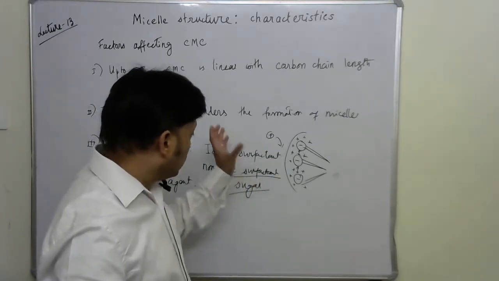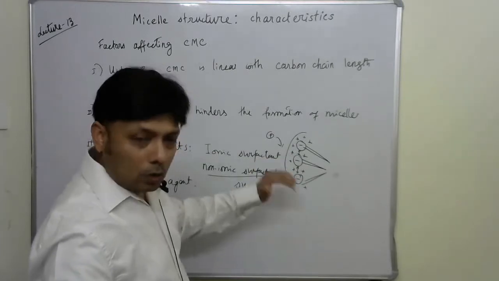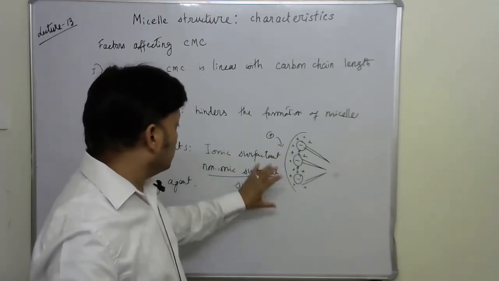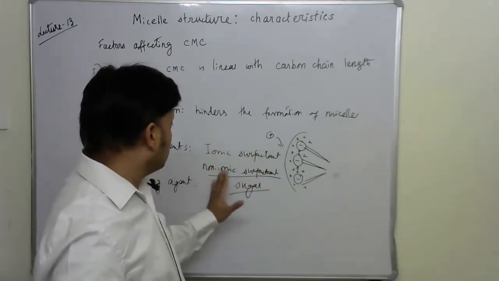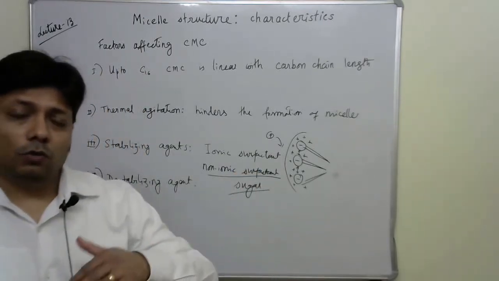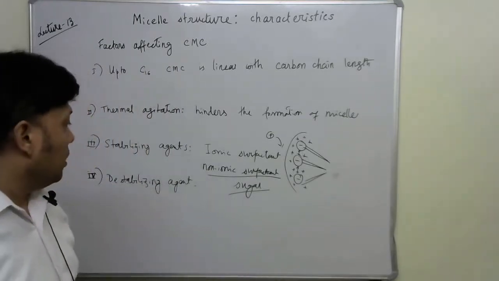So adding sugar molecules helps to form the micelles. You will have a lower CMC if you have these things present as stabilizing agents. That means if these stabilizing agents are there, with a relatively lower concentration you can achieve the critical micelle concentration.